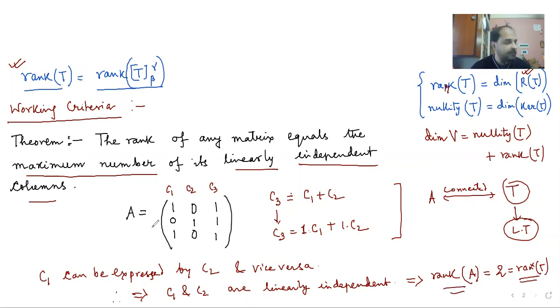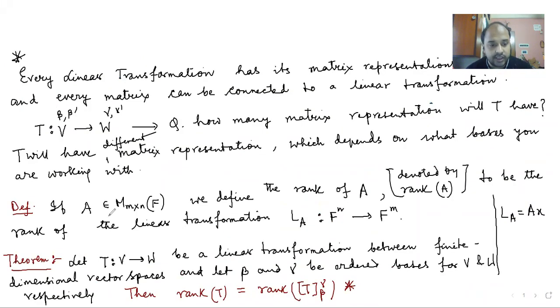So what I'm saying is that if a matrix is given to you, then using this theorem, the maximum number of linearly independent columns gives you the rank of the matrix. And we know from this theorem that the rank of the matrix representation of the linear transformation is equal to the rank of the transformation.